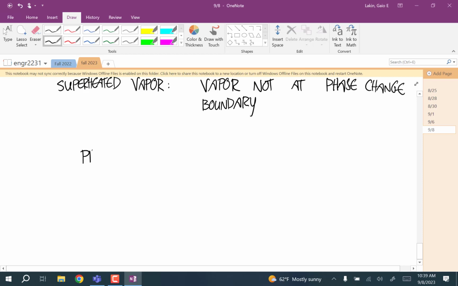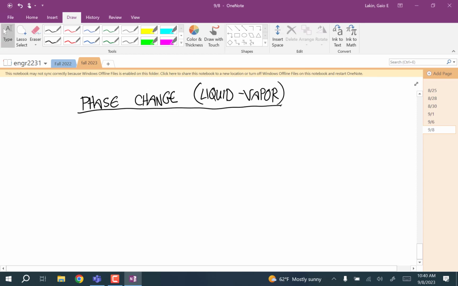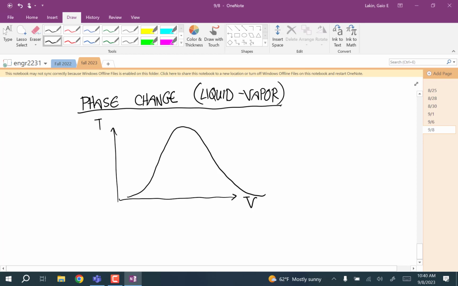So phase change. And again, we're just concerned with the liquid vapor phase change. So put temperature on the vertical axis, volume on the horizontal axis. There's the vapor dome.